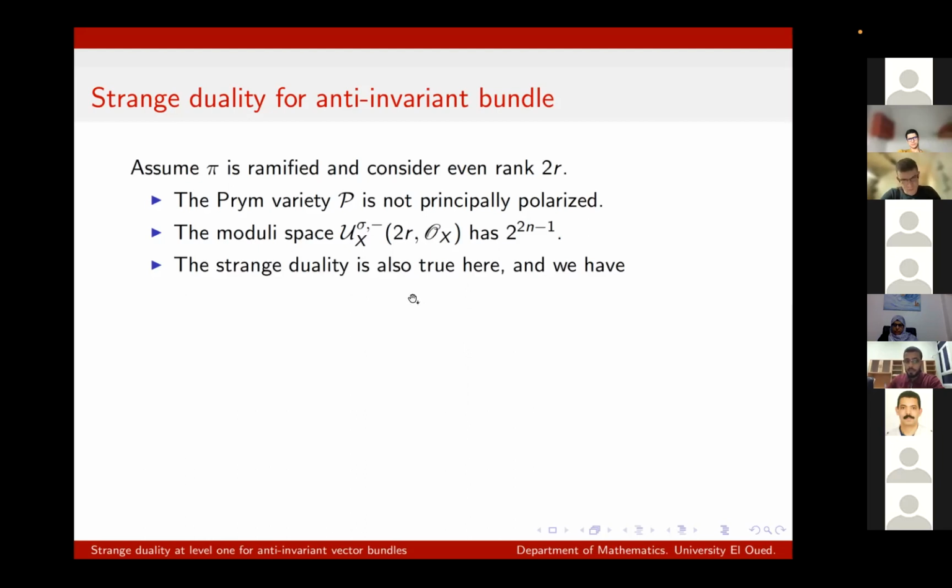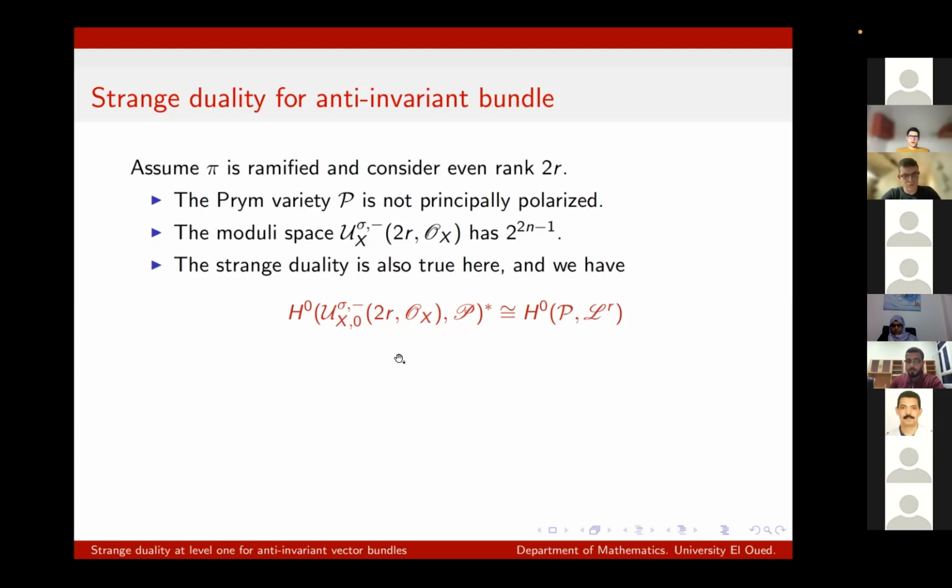Then we also get the results in this case, after studying carefully what happens in the Hitchin system. What we get is a result similar to this one, but here you have to be careful, because the rank here is 2R, but you should put just R here for the polarization of P, because P is not principally polarized, so there is no longer a square root here.